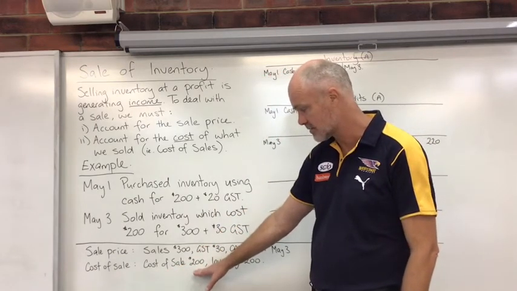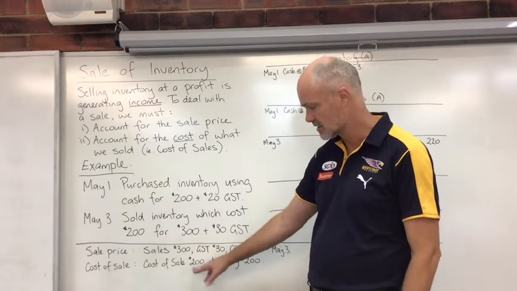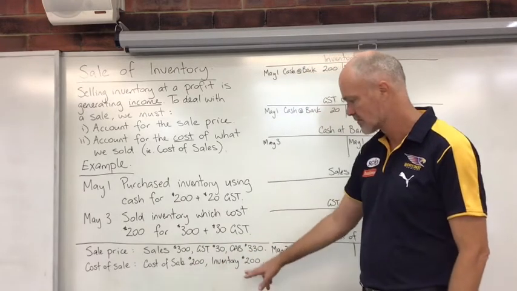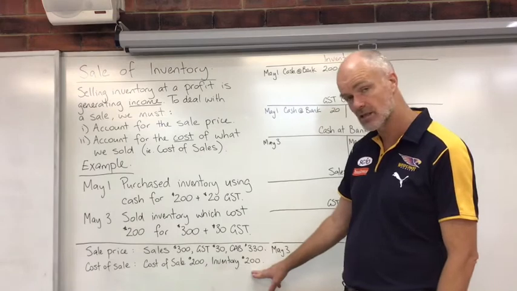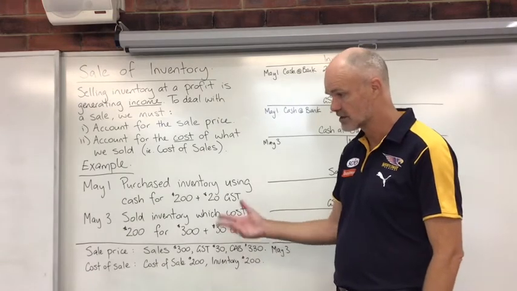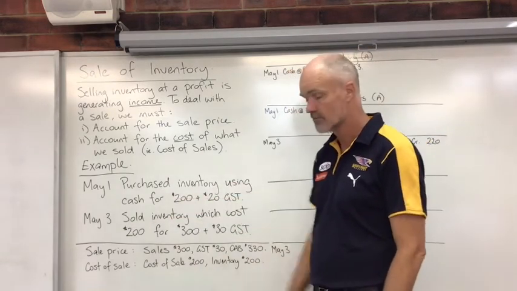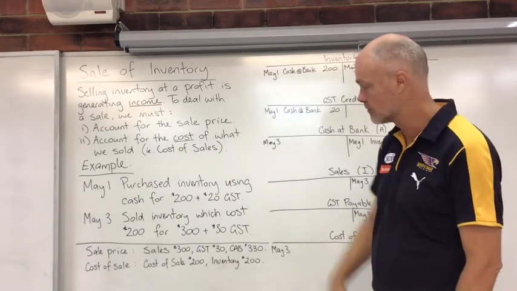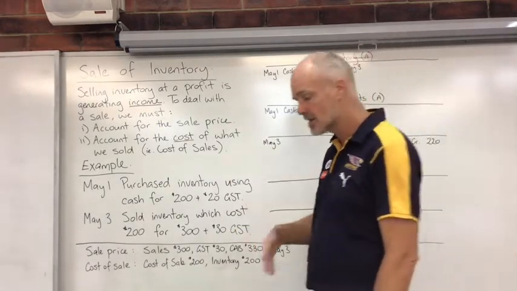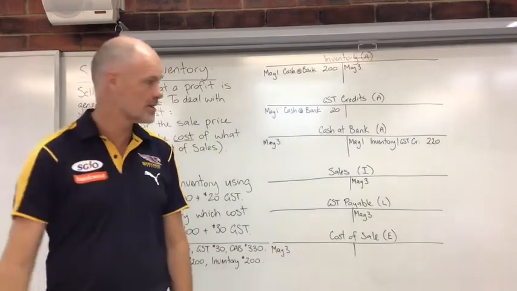That's our expense. That's how much it cost us to be able to make a sale of $300. And our inventory is decreasing by $200 because obviously we've sold $200 of inventory, but we happen to sell it for more.